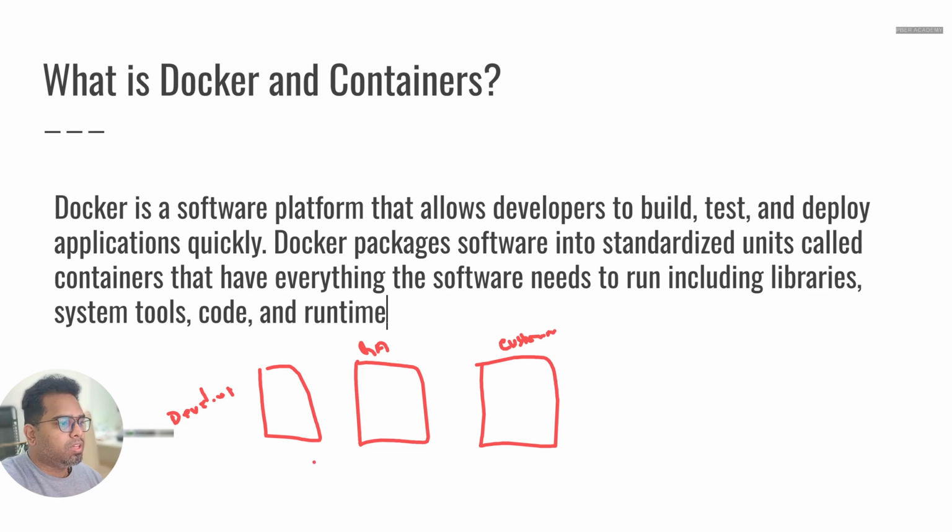In infrastructure terms, that is the UAT environment, pre-prod before production, and the production environment. So there are three infrastructures.